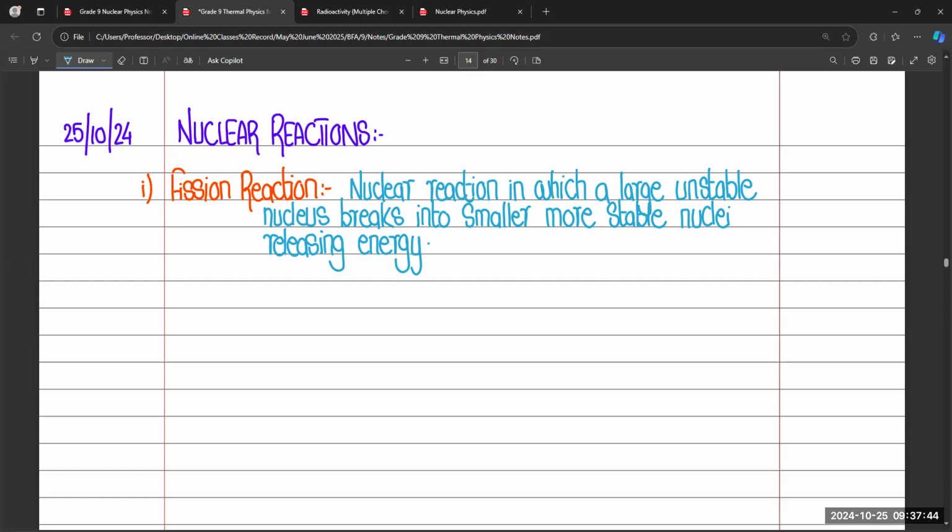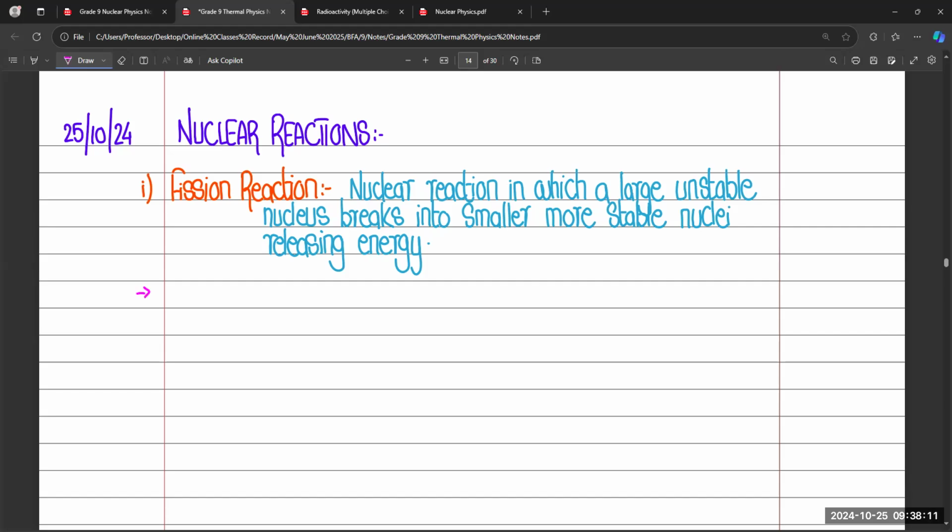But this reaction is not natural, right? Because we are splitting up a large nucleus into smaller nuclei, this reaction does not happen naturally. To start this reaction, we need to trigger it, or insert a neutron in the unstable nucleus, right? So one more thing in this reaction, this is the basic definition.